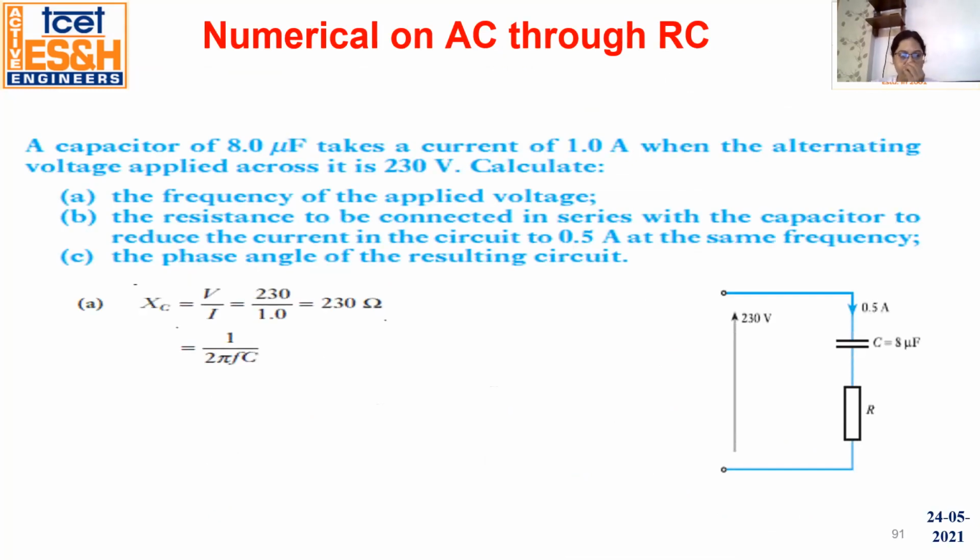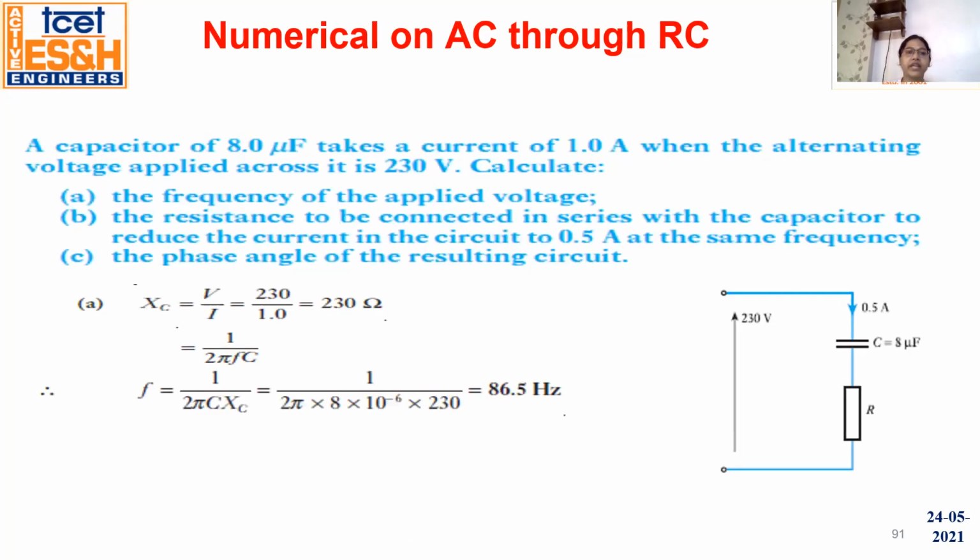Now one numerical is given. There are 4 to 5 numericals given. See here, in this case we have a capacitor of 8.0 microfarad that takes a current of 1.0 ampere when the alternating voltage applied across it is 230 volt.